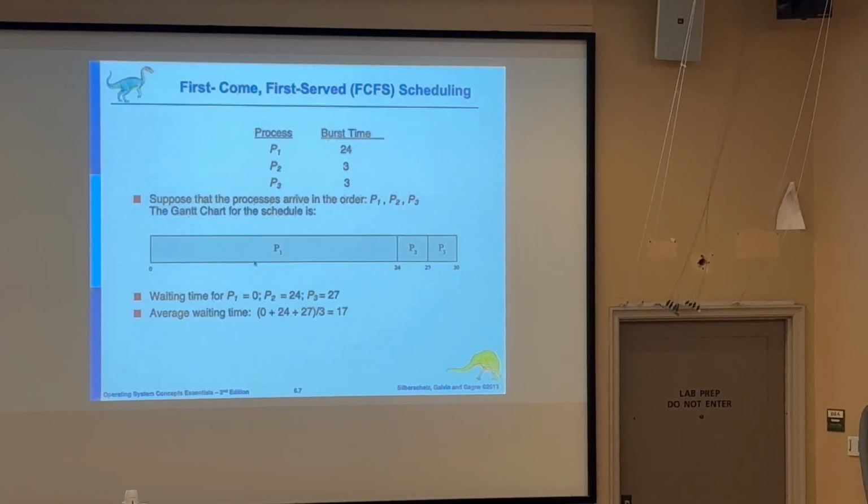It just directly gets scheduled onto the CPU and executed. The wait time for P2 is 24. The waiting time for P3 is 27. You need to wait for P1 and P2 to finish before it's executed. And the average waiting time is 17.